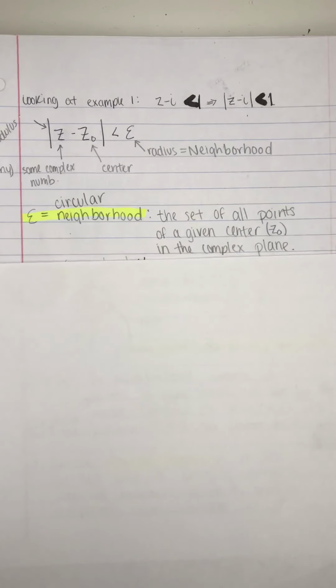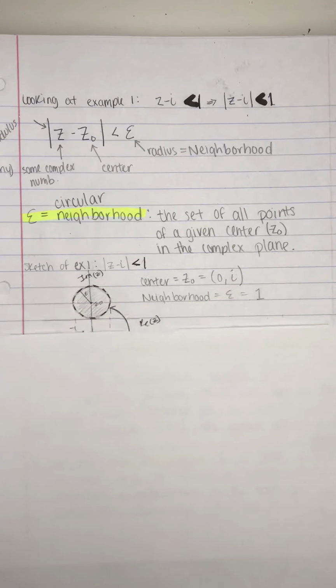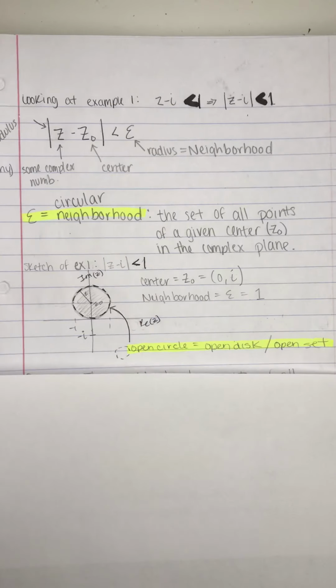So E is a circular neighborhood, and it can be described as the set of all points of a given center in the complex plane. If we go ahead and sketch example 1, we see that the center z sub 0 is 0, 1, the neighborhood E equals 1, and that it's an open circle.